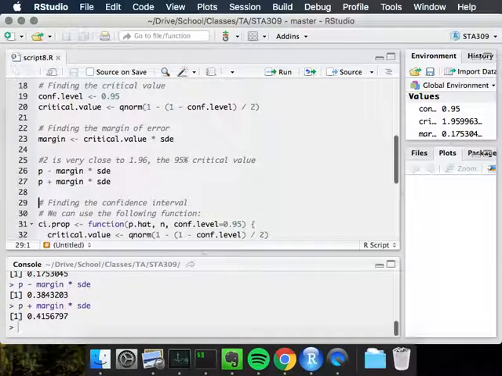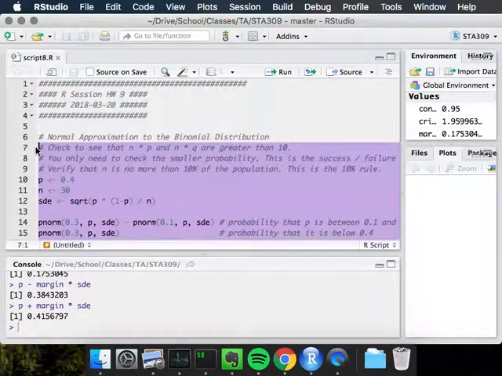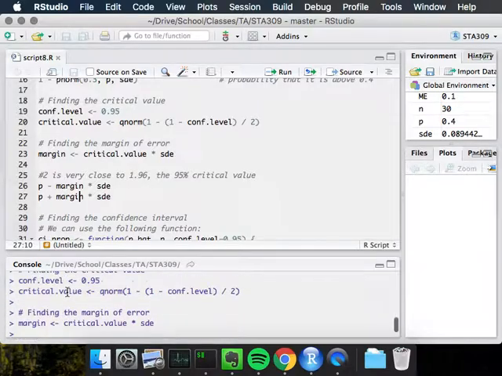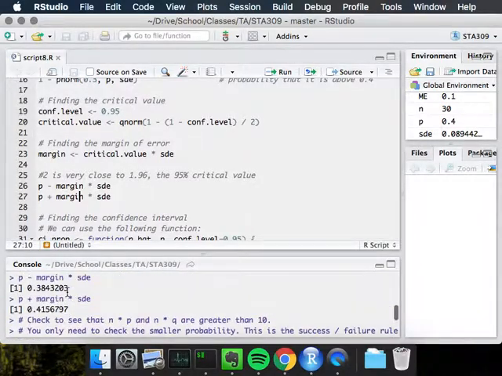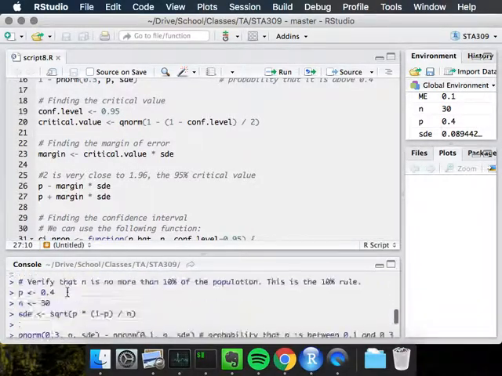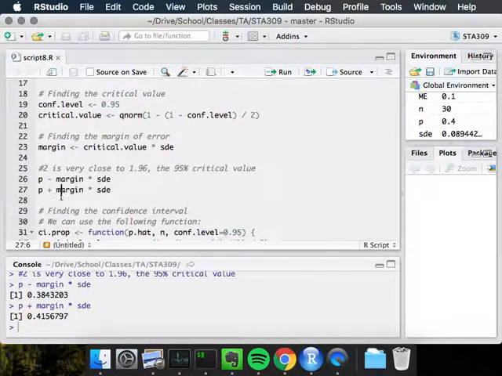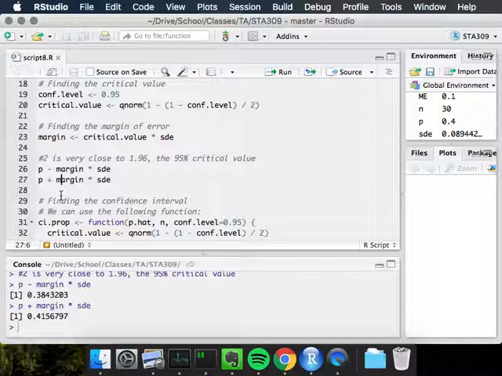Let me run this just in case. So we expect it to be between 0.38 and 0.41. That will be our interval.